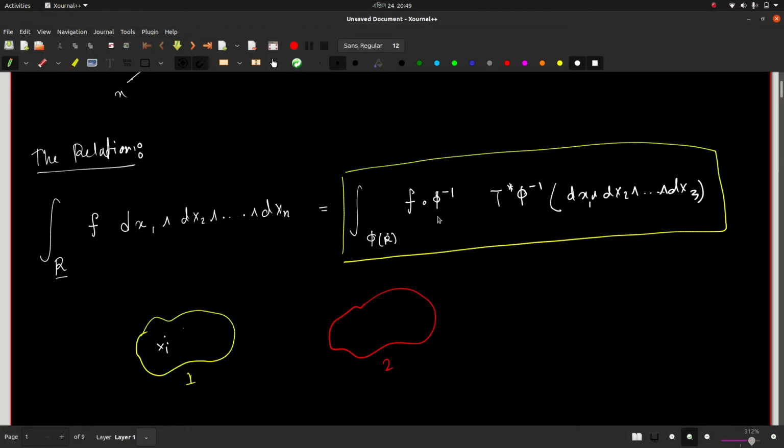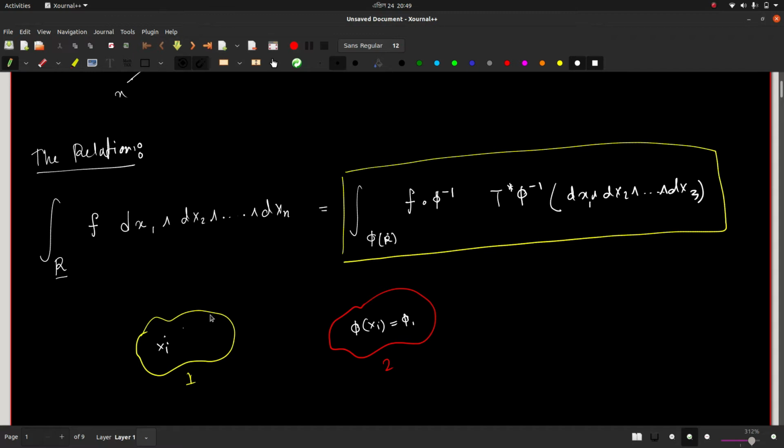And when you are considering this mapping that is going from manifold 1 to manifold 2, even though they are the same, they are just endowed with two different coordinate systems, these x^i coordinates will get mapped to phi of x^i, or so to say phi^i. You also have to take into account the fact that in manifold 1 there are vectors that make up your lattice structure, and those vectors will be pushed forward onto manifold 2.